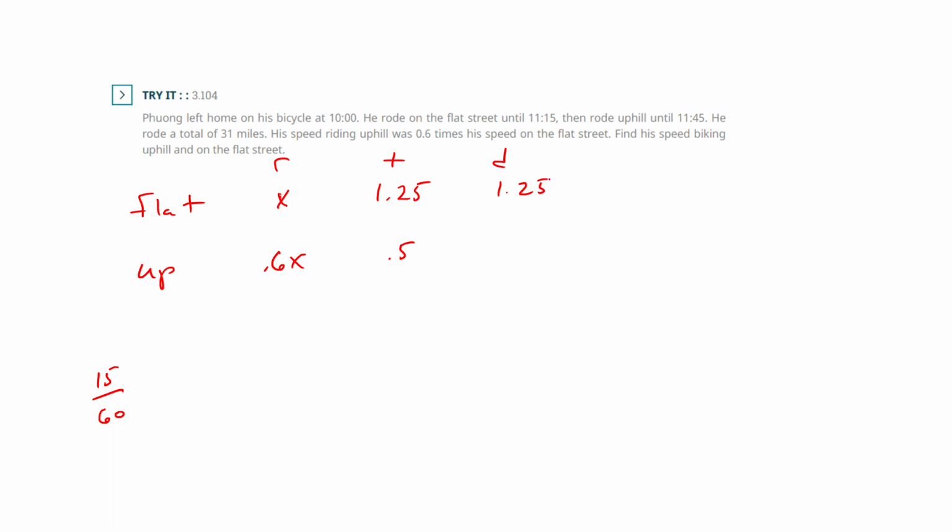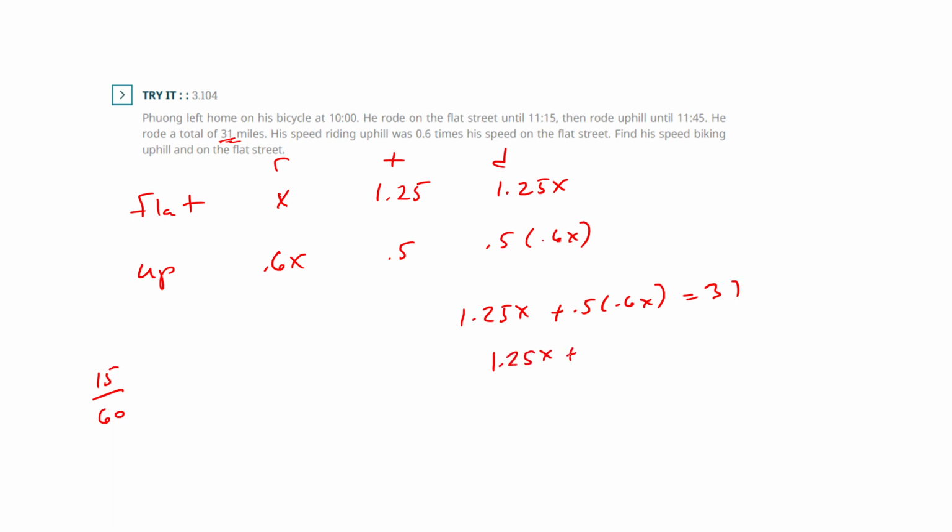Okay, so we always want to make the distance column. They're telling us a total of 31. So he did one thing and then he did the other, so we're adding this. That's a 1 there, sorry.